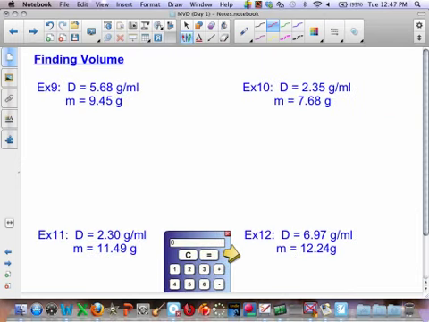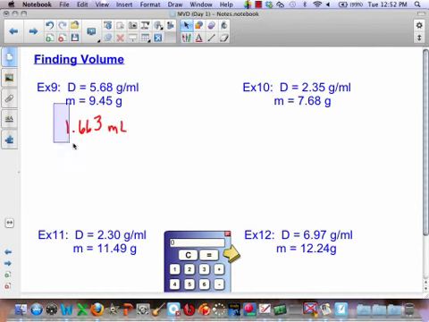Get at it. All right, Coleman, what'd you get for number 9? 1.663. 1.663. What are my units? Okay, guys, do we agree with that? Well, let's see how we do.